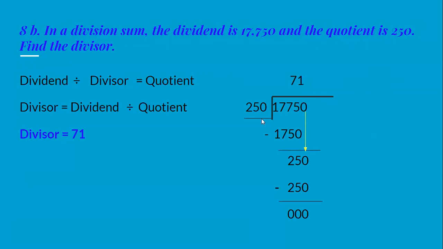But here the quotient is already given, so this number is called the divisor. All of you have to learn these two formulas: dividend divided by divisor equals quotient, and dividend divided by quotient equals divisor. So is it clear to all of you? Come to the next question.